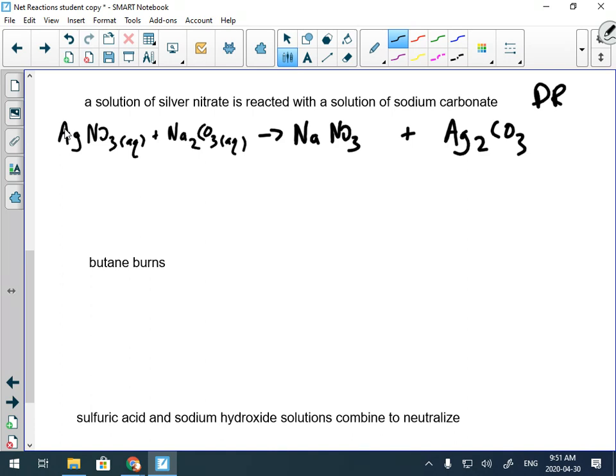Let's check our solubility table. This is a solid. That is aqueous. Silver carbonate is a solid. Balancing this, it looks like we need to put a 2 there and a 2 there. Now we're balanced. Okay, 2 silvers, 2 silvers, 2 nitrates, 2 nitrates, 2 sodiums, 2 sodiums.